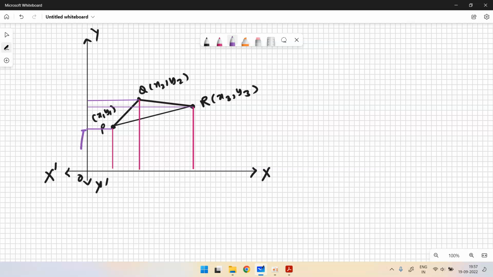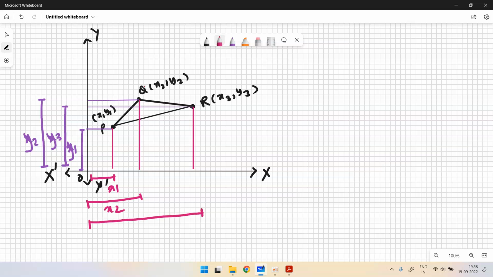This much length is x1. What is this? This is given to be x3. What is this? This is x2. Similarly, in terms of y, this is y2, y3, and this is y1. Similarly, this much length is x1, this much length is x2, and from the origin this is x3.